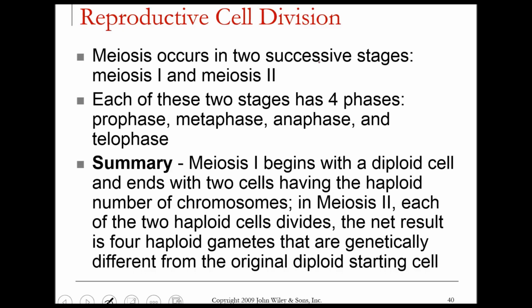In meiosis 2, we start off with those 2 haploid cells, but remember, each of those chromosomes still has 2 DNA molecules. So in meiosis 2, we separate the chromatids. Meiosis 2 actually looks nearly identical to mitosis. The net result will be 4 haploid gametes that are all genetically different. It's a reshuffling of the chromosomes from each parent, genetically different from the original diploid starting cell.